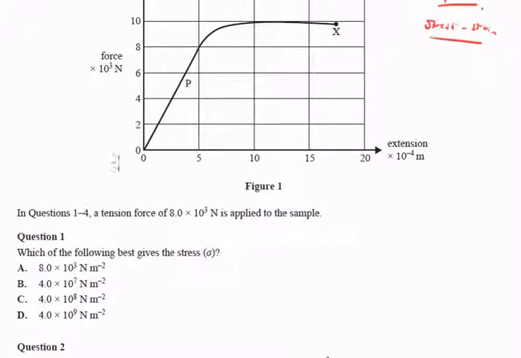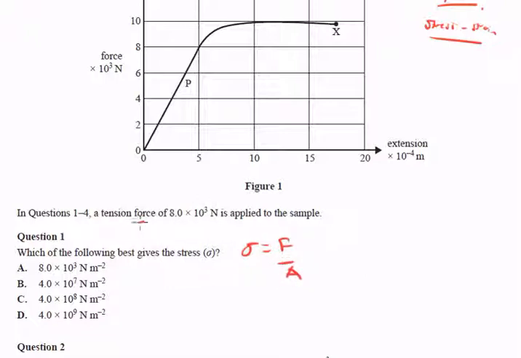In questions 1 to 4, the tension of 8.0 by 10 to the positive 3 is applied to the sample. Which of the following gives the stress? We know that stress equals force over area. It's the first thing I'll write down, and then I ask, have I got enough information to solve that?